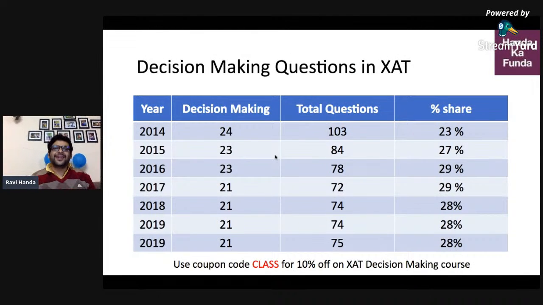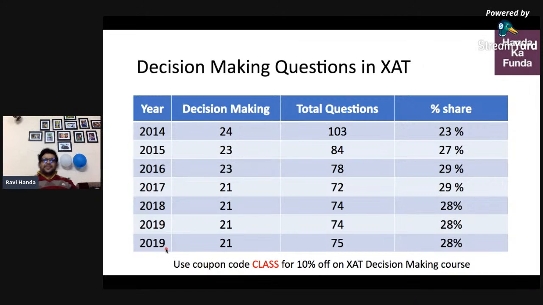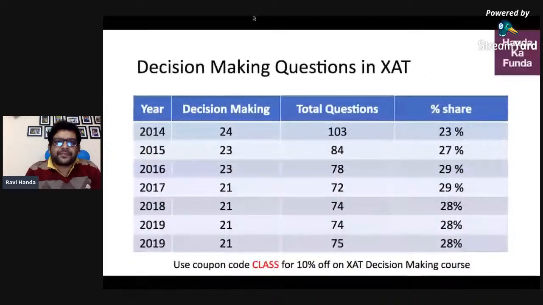Now, this is the history part of XAT decision-making questions that I was talking about, over the last many years. I think I made a slight mistake in the PPT. This should be 2020. Let me see if I can edit it on the fly. Will I be allowed to do that?